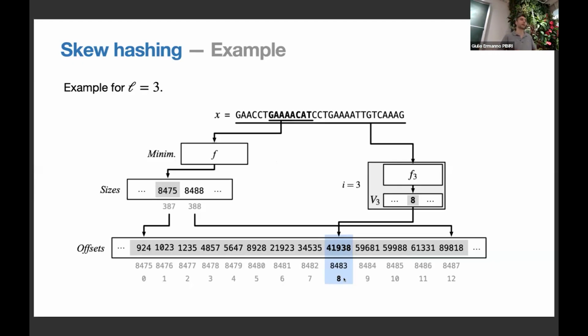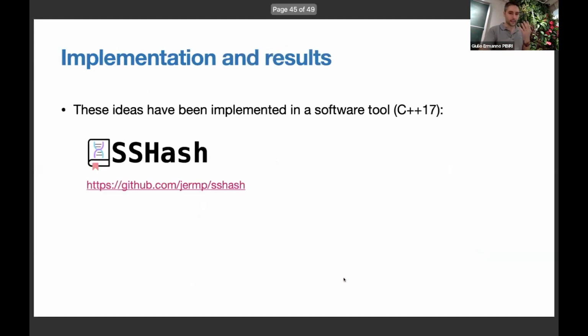And that's it. I don't have to scan through the entire thing. Again, the idea is that this skew hashing component is a very small part of the data structure, because such minimizers that are very repetitive are just very few. So I just have to handle those nasty guys, and I'm done, and I can spend very little space to handle those.